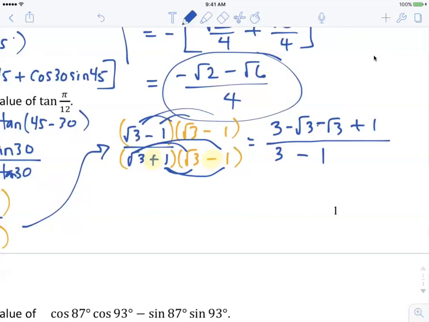Okay, cleaning this up, we're going to now have on the top, I can combine the 3 and the 1 as a 4, and combine the middles as a minus 2 root 3. Okay, and then in the denominator, 3 minus 1 is 2. Almost there. So now I can cancel.